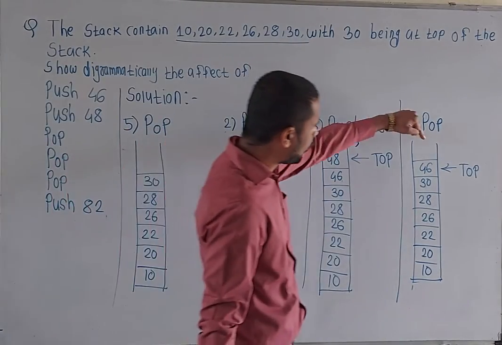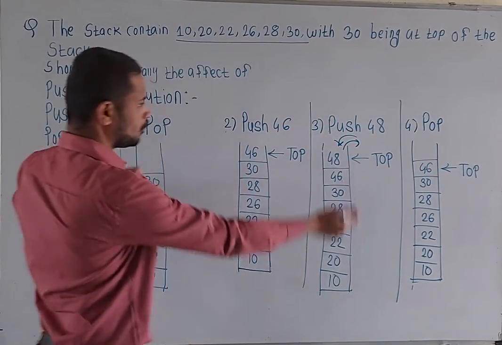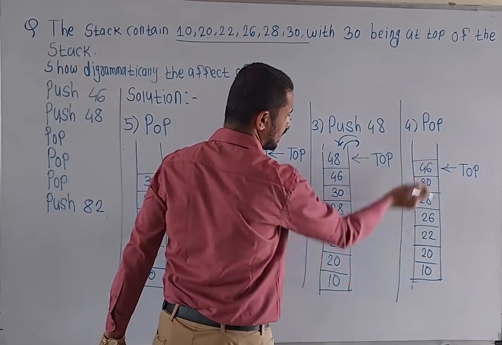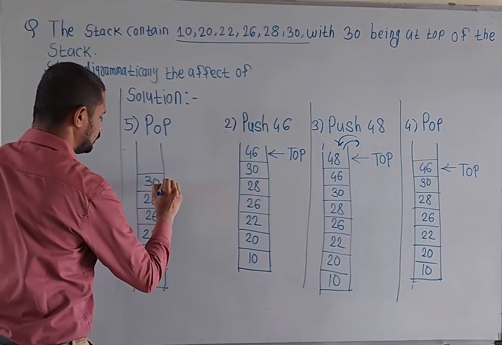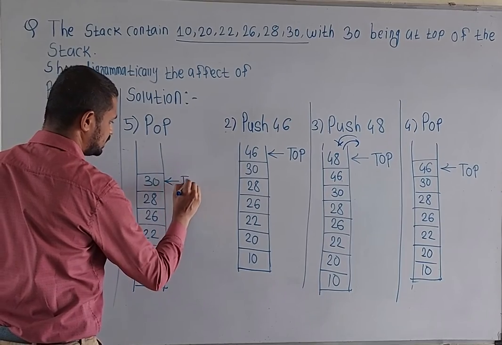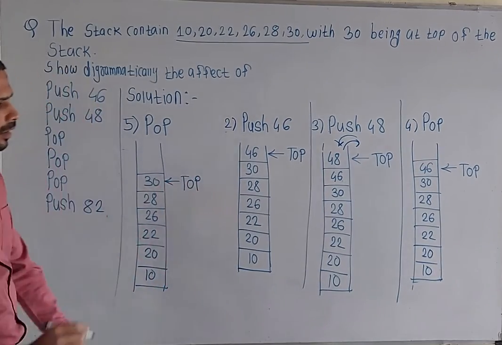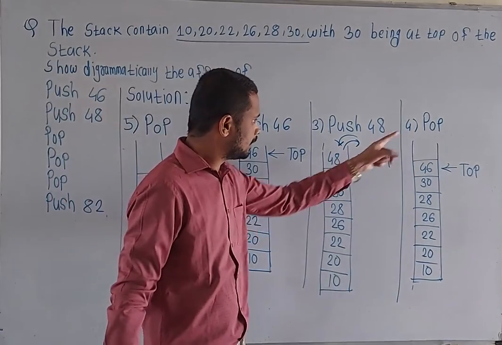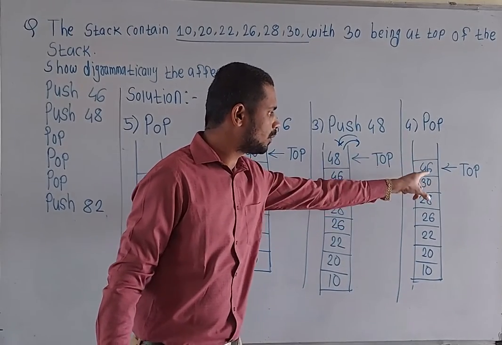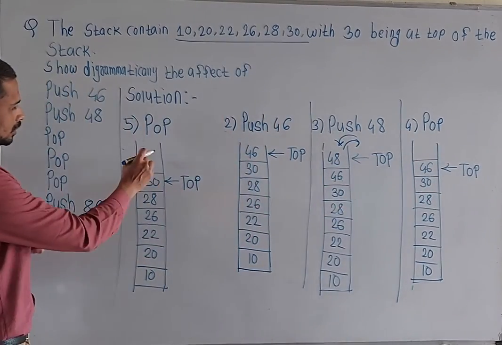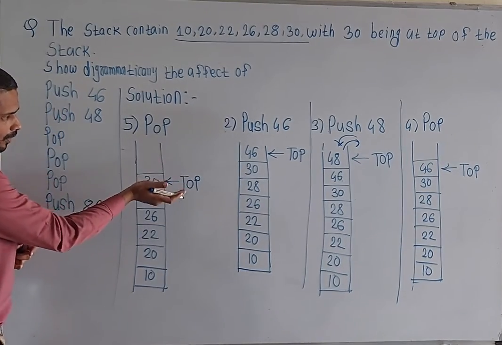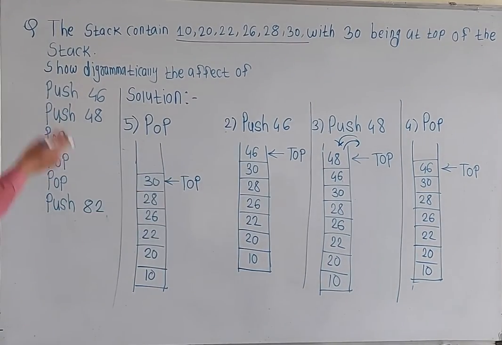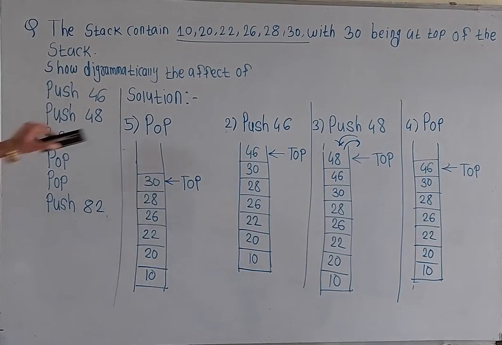After the pop operation, 46 will be deleted and the top will be decremented by 1. So your top is at this location. Why? Because we firstly popped 48, after that we popped 46. So this is the pop operation.